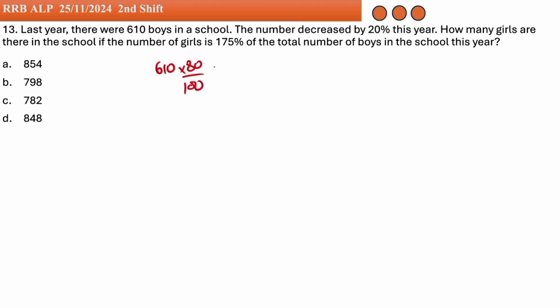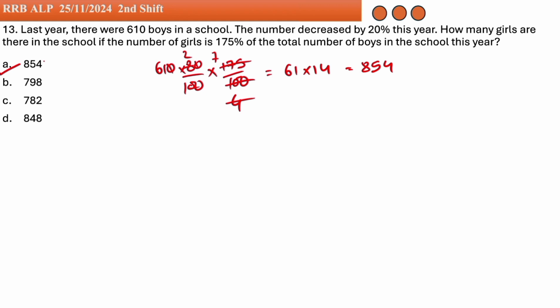The girls were 175% of these boys. So that is 175% of the boys. 25 fours, 25 sevens. And these 2 zeros and this 0 get cancelled. 4 ones, 4 twos. That is 61 into 14. 61 into 14 is 854. So our answer is option A.